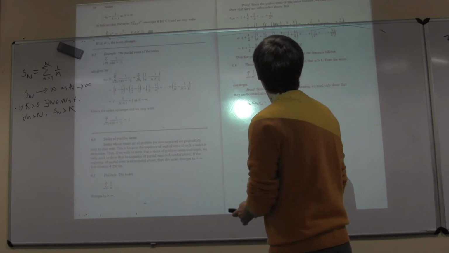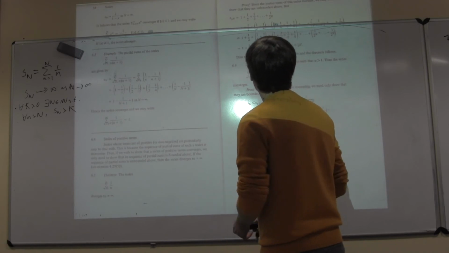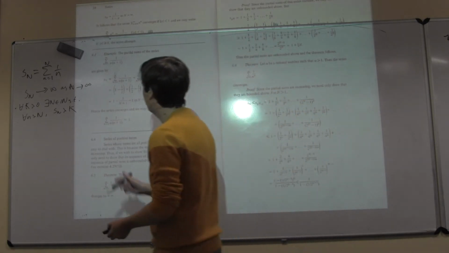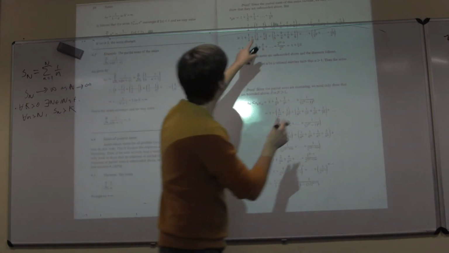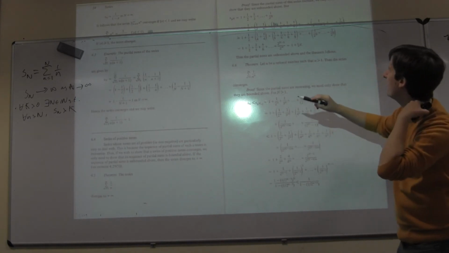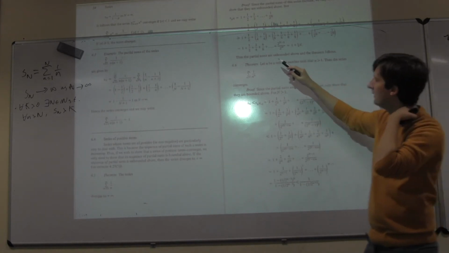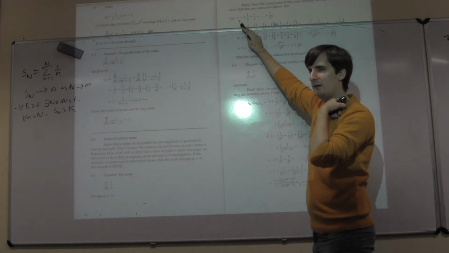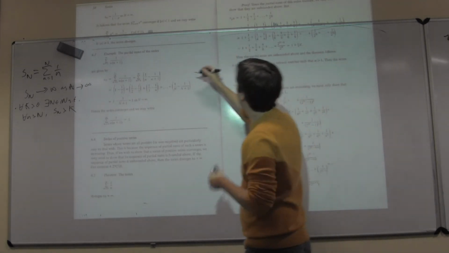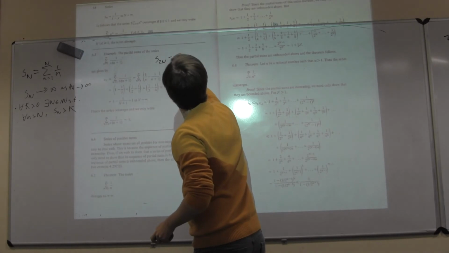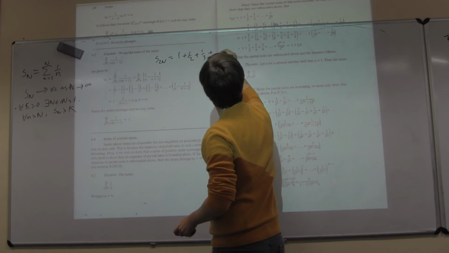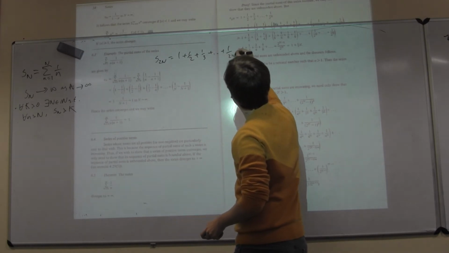This proof is quite clever. Let's just look at it up there rather than me writing it. Let's look at S of 2 to the power of n. S of 2 to the power of n is 1 plus a half plus a third, all the way up to 1 over 2 to the power of n.